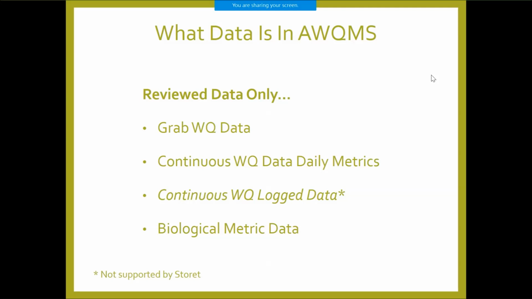The continuous log data is not currently supported by Storet, so you won't be able to get that through the portal. And there are a few of the biological metrics, like our ODE predator scores, that we still need to get created in Storet for them to show up there. All of these are available on AWQMS, but there are a few things that still need to be worked out to get the data into Storet.